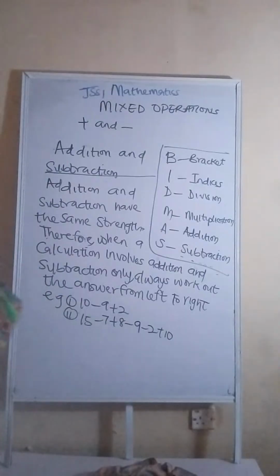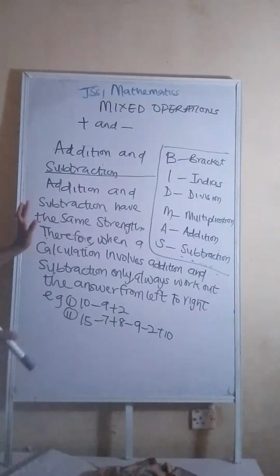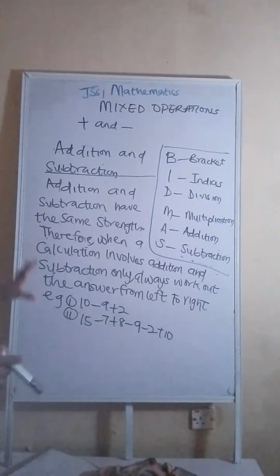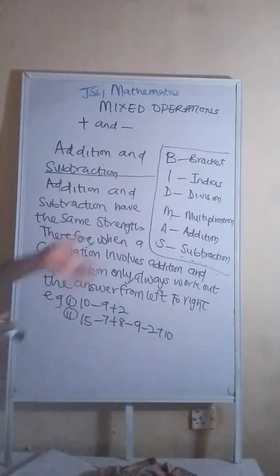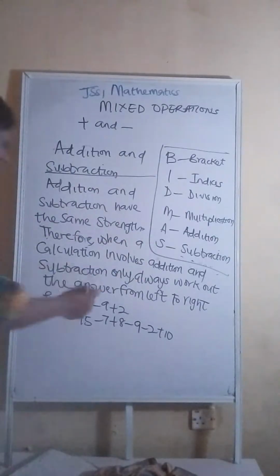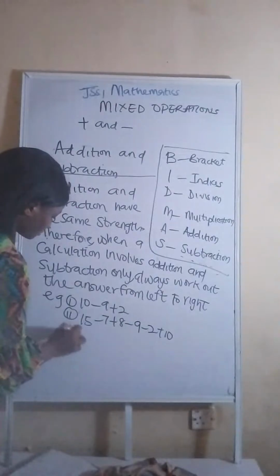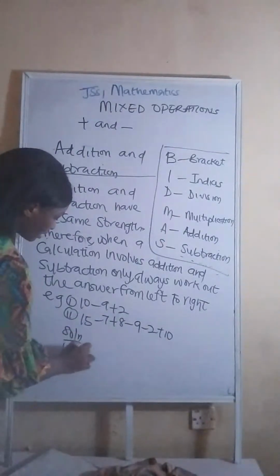So now we have to solve this question using this particular explanation. So we are starting from left to right. Let's say we want to solve this first one, 10 minus 9 plus 2.